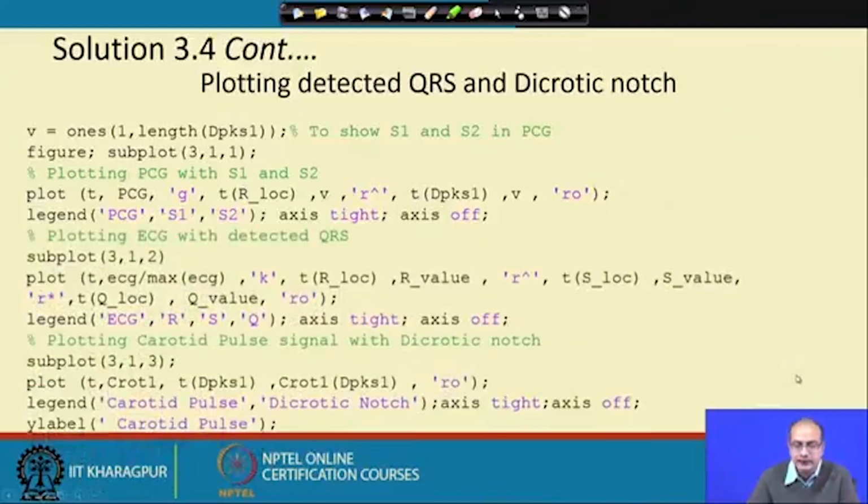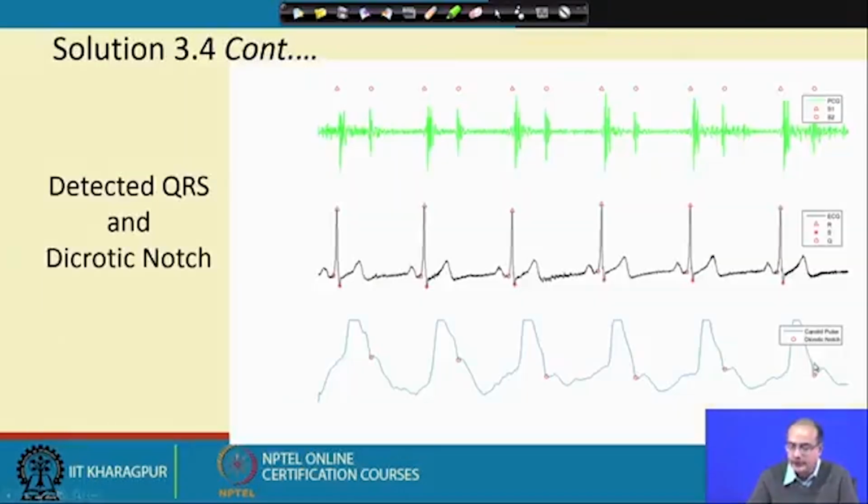Now, we are plotting the QRS and the dielectric notch which are required to do this job. Here we are showing that at the top we have the PCG signal.